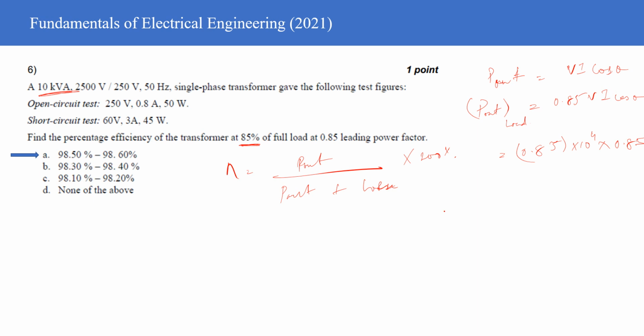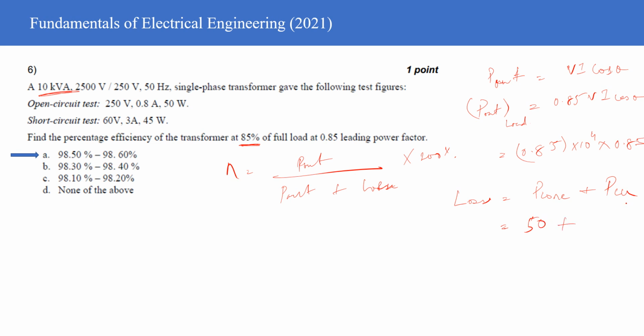And losses, what are the losses? So the losses are core loss plus copper loss. So core loss is given to you as fixed, right? Because you're not changing the voltage. So the voltage is remaining the same, therefore the core loss is going to remain the same as 50. So no changes there. However, the copper loss will change.